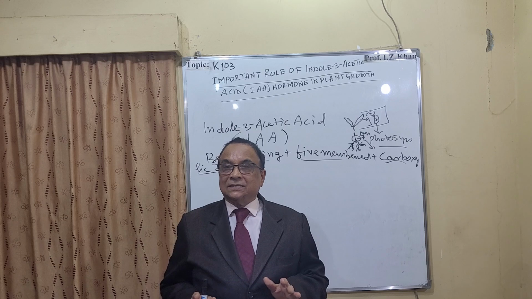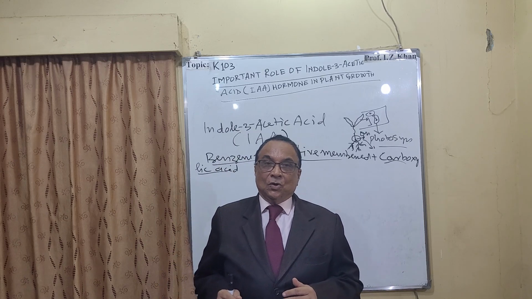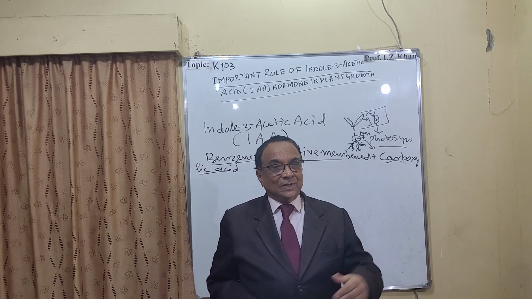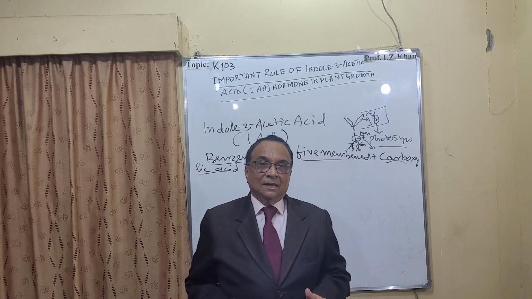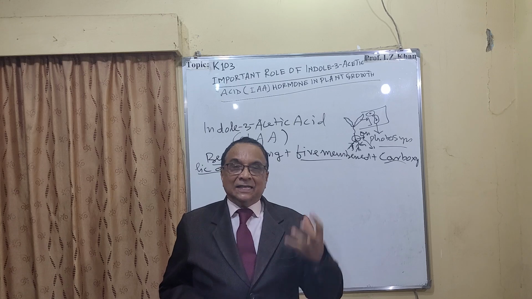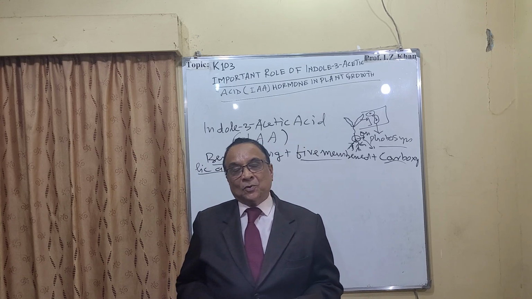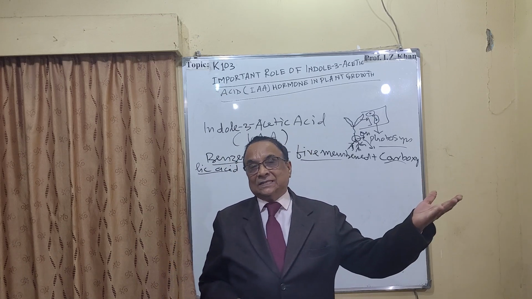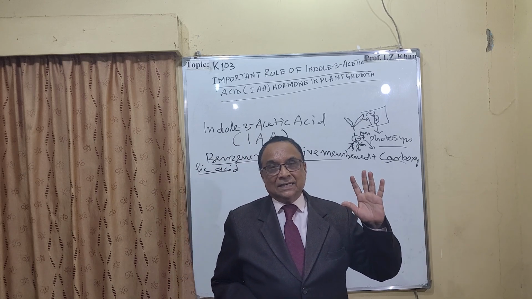So all this growth and development of root and shoot, vegetative growth as well as root, are very much increased, and in this way the productivity, either in the form of bulb as a storage, in the form of root or stem, or if it is in the form of fruit or vegetable, will be drastically increased.